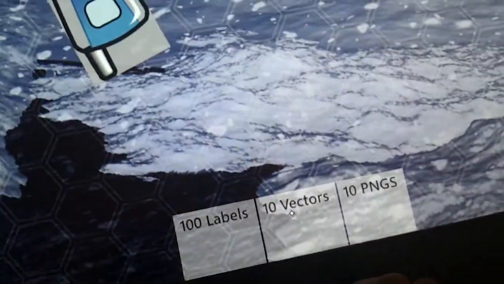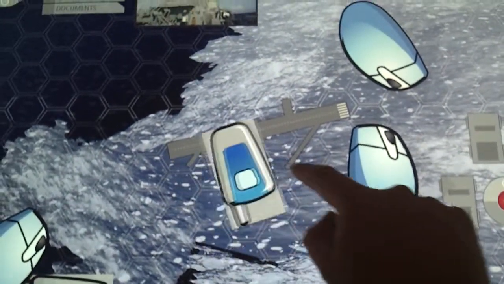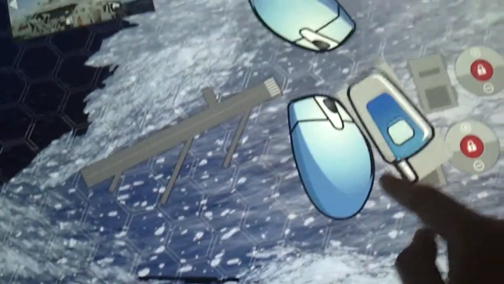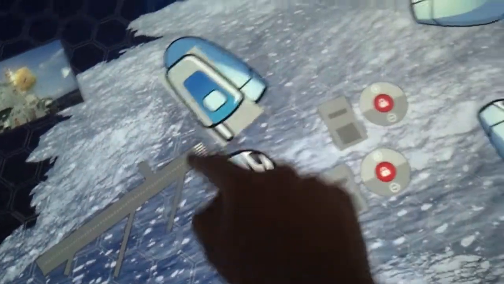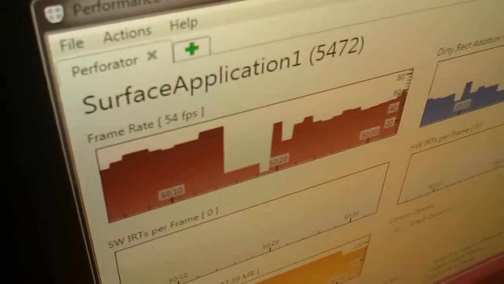Vector images, they're directly in WPF. I've got a mix of 2 that I'm adding with every button push, just 10 at a time. Not looking too bad as far as the refresh if I'm moving around. Showing about 50 frames per second, 50 to 60.